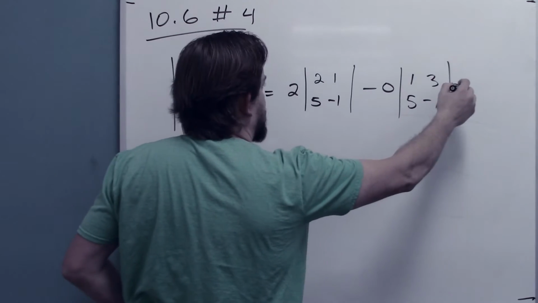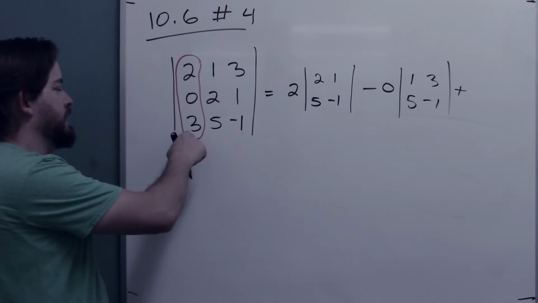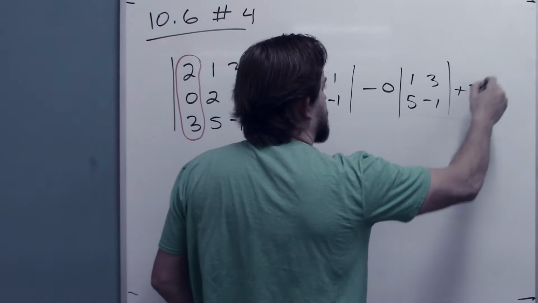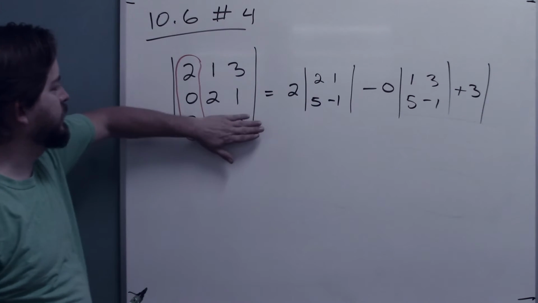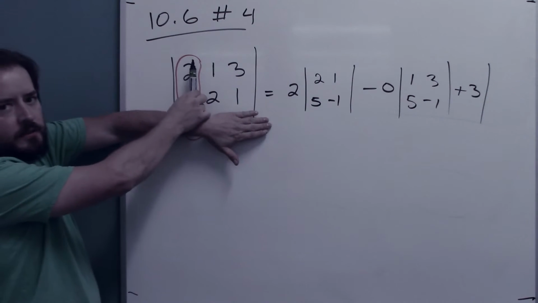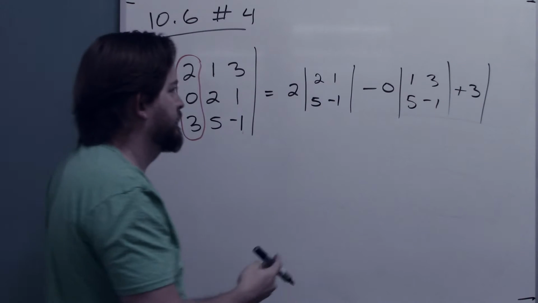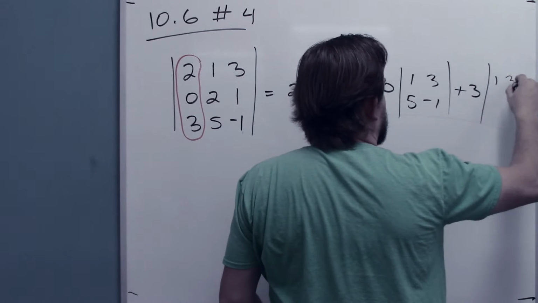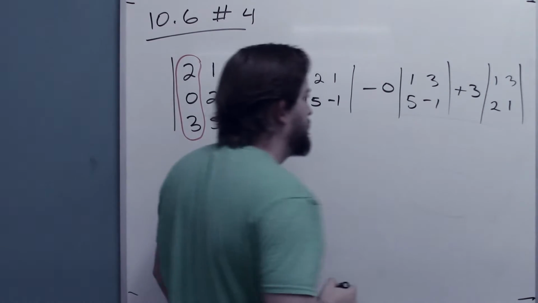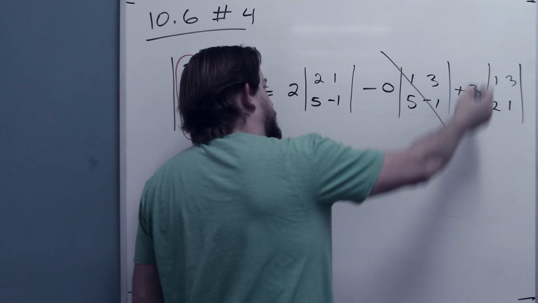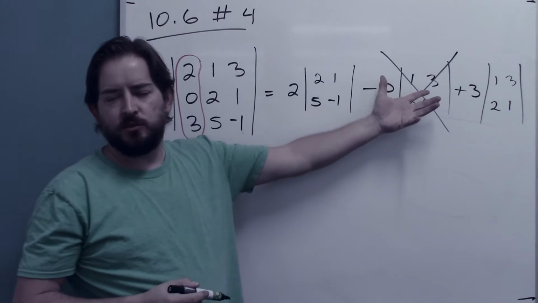And then I'm back to a plus 3 times the 2 by 2 that's created when the row and the column of that entry are removed. So 1, 3, 2, 1. Now again, the nice thing is I don't care about this middle thing because it's 0 times who cares?